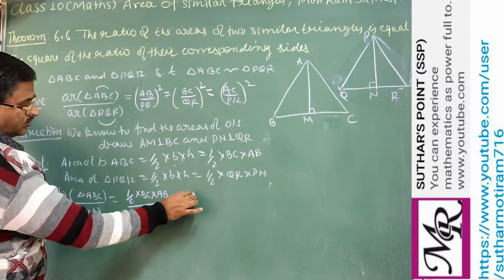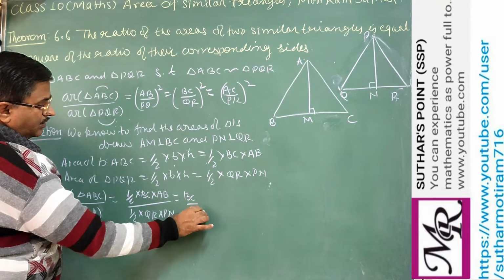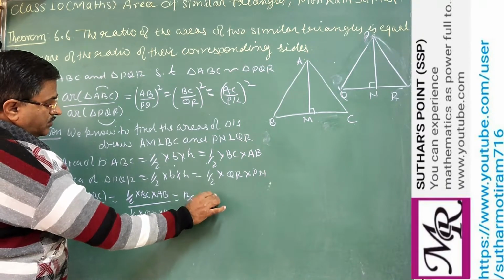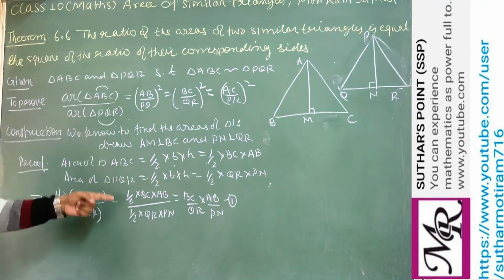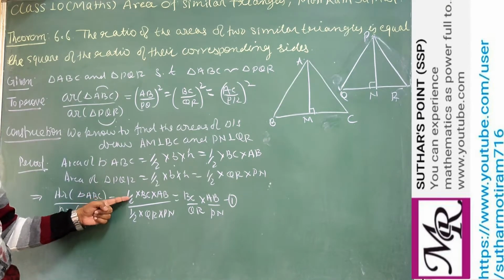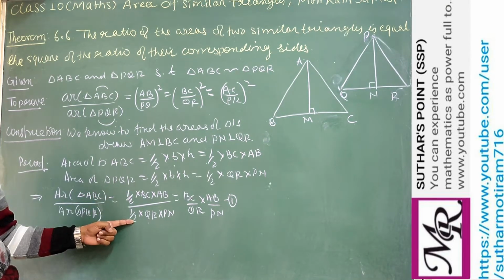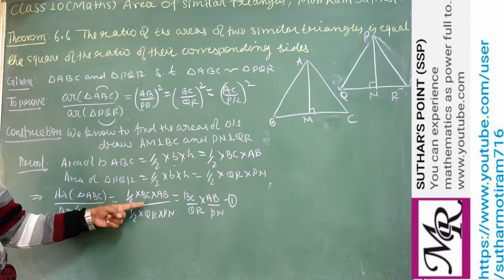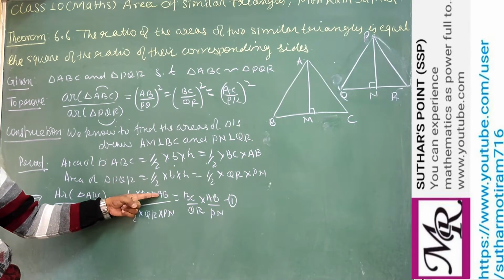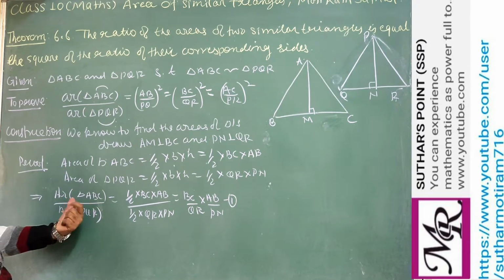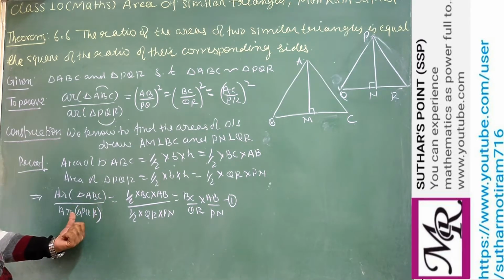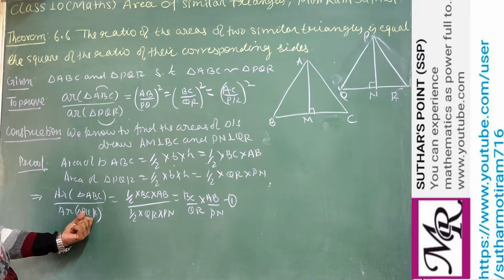So that will give you BC upon QR into AM upon PN. This is equation number 1. Why? Because 1/2 divided by 1/2 cancels, so here BC upon QR is left and here AM upon PN is left.